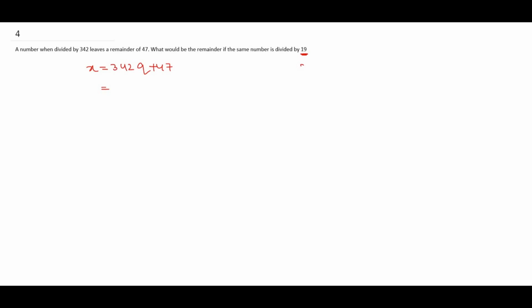342 can be written as 19 multiplied by 18. So 342q plus 47 can be broken down as 19 times 18q plus 38 plus 9.